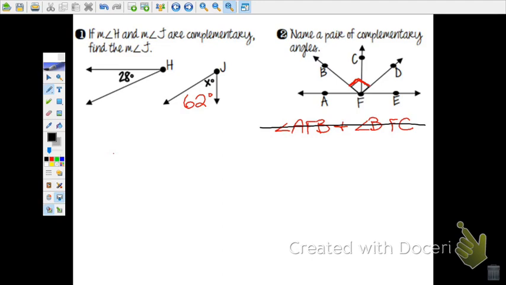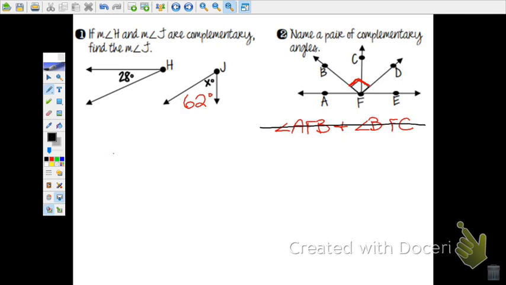We do not have the right angle box to show us that they are a right angle. You cannot look at a picture and say it's a right angle. It has to have the box, or it has to tell you that it's a right angle. You have to know for sure. You can't say it looks like it does.